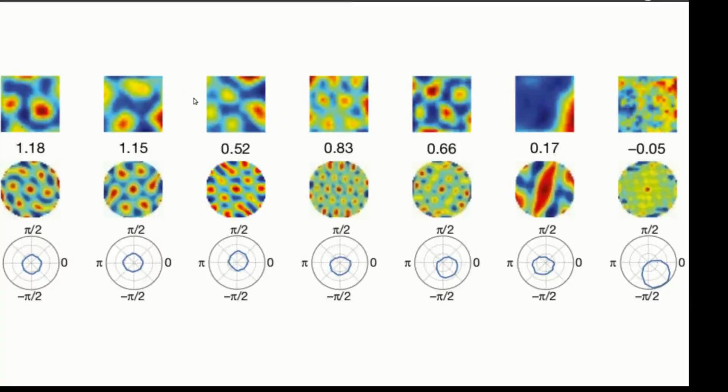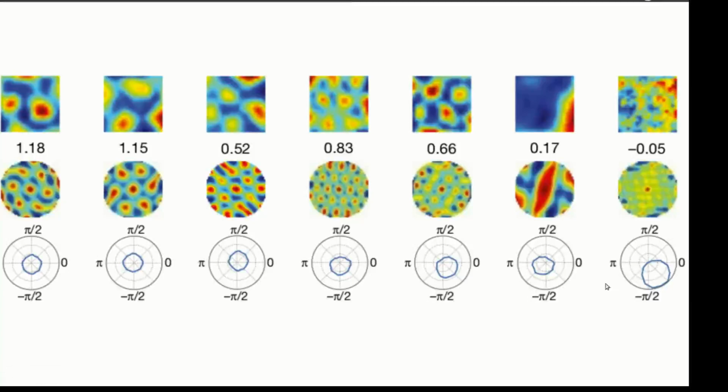And you can see that we have the same kind of thing with different neurons at different scales. This one is much more frequent; the grid is much less coarse than this neuron.